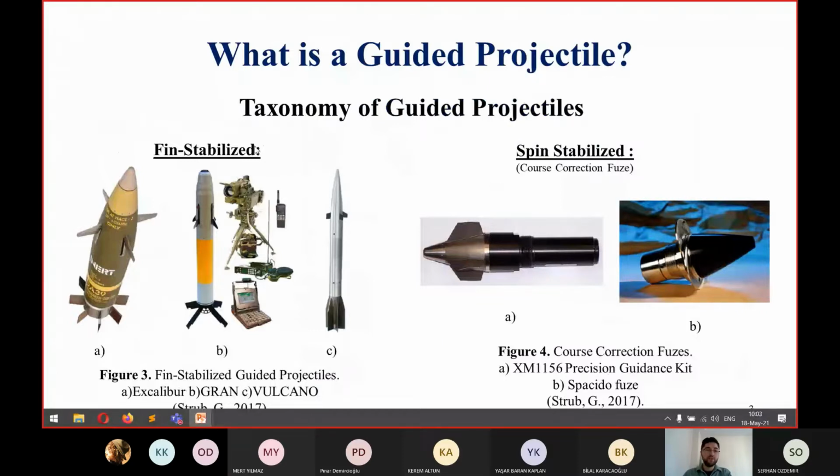The biggest advantage of the fin-stabilized guided projectile is the enhanced maneuverability due to larger control surfaces. On the other hand, spin-stabilized guided projectiles are widely used because a regular conventional projectile can be easily upgraded, only modifying the fuse of the munition.